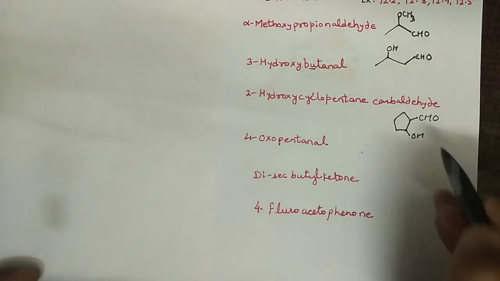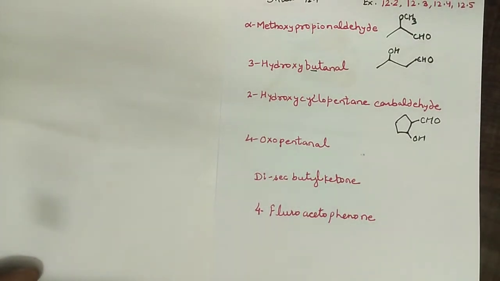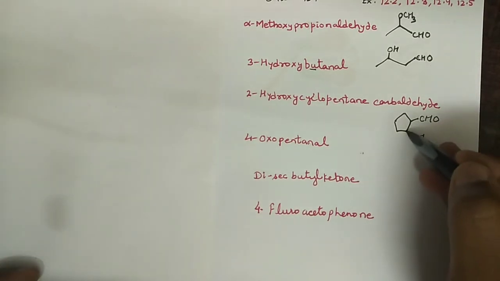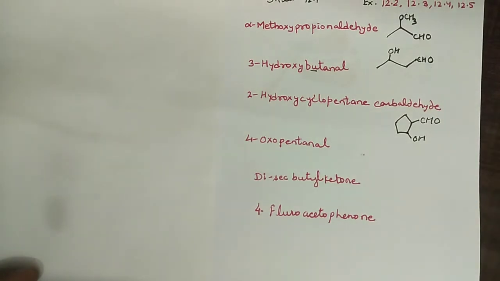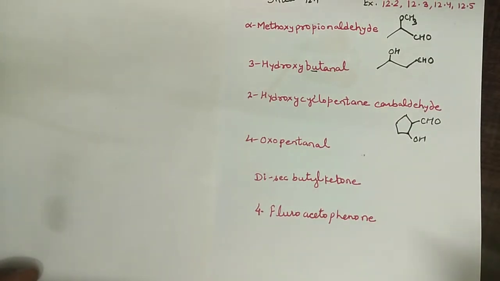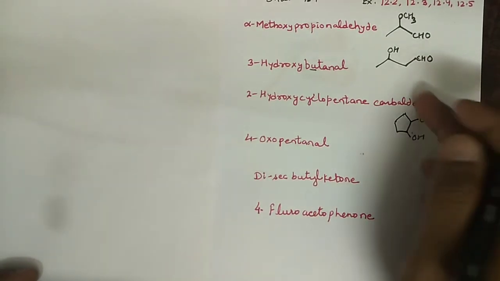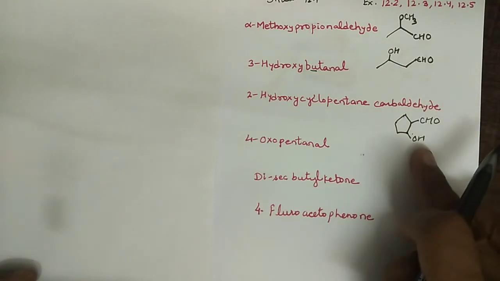So this one is the 2-hydroxycyclopentane carbaldehyde. Can anybody tell why I have attached this OH at this position, not at this position? And the answer to this question is very simple, because it's my choice, because both positions are equivalent and this position will be congested because of less space, so I have drawn at this position.